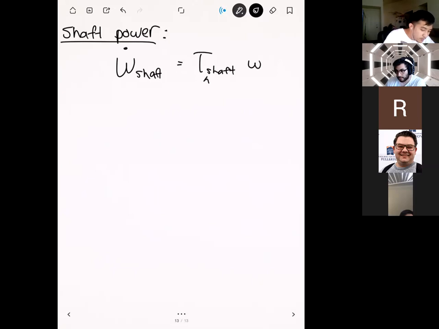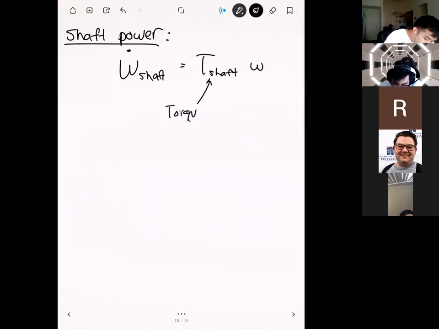And so the way that we compute it is we take T shaft, where this is the torque, or the moment on the shaft. And this ω right here is rotational speed or angular velocity.